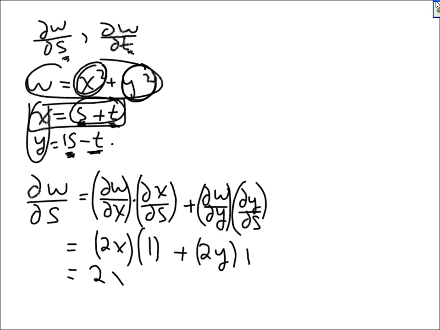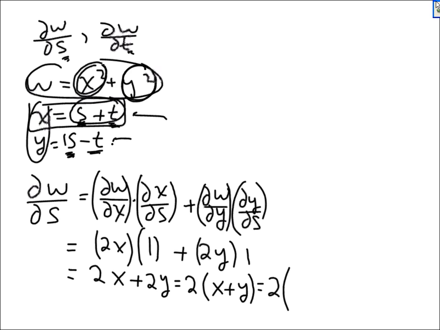We get 2x plus 2y. We get 2 times x plus y. That's x, that's y. Because I would like my answer to just involve s, you have s plus t, that's x, plus s minus t, which is y.